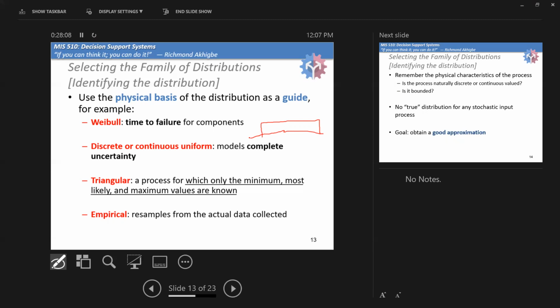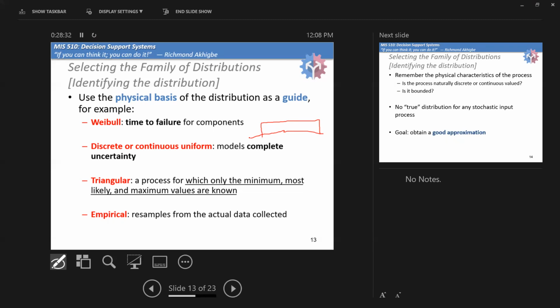Okay, you understand that? So my question is, if you face a situation where you have absolutely no idea what kind of process is there, but you know at least the minimum and maximum, what would you choose as a distribution? Discrete, if it is a discrete thing, discrete uniform.